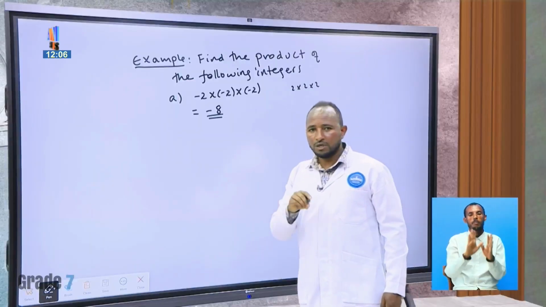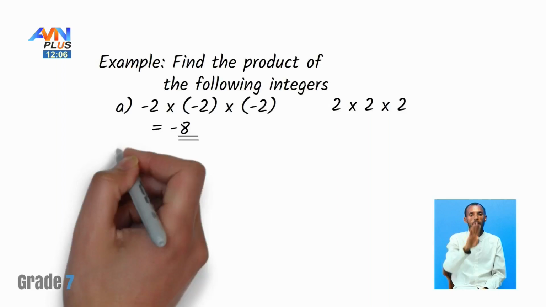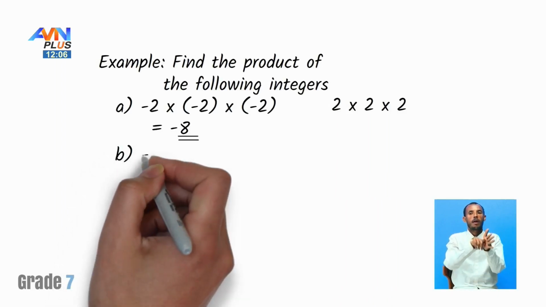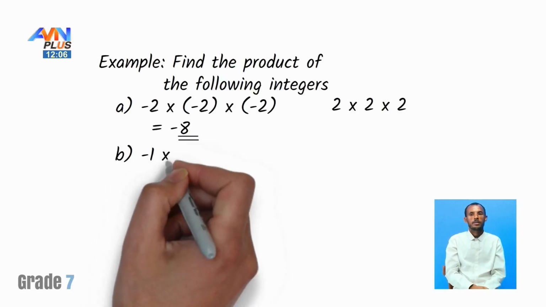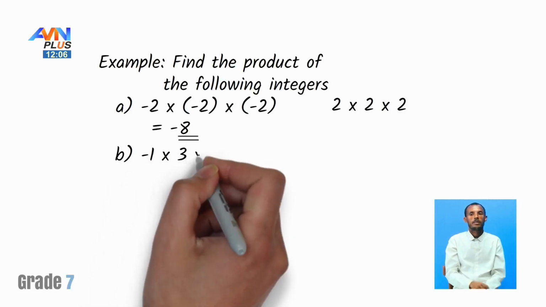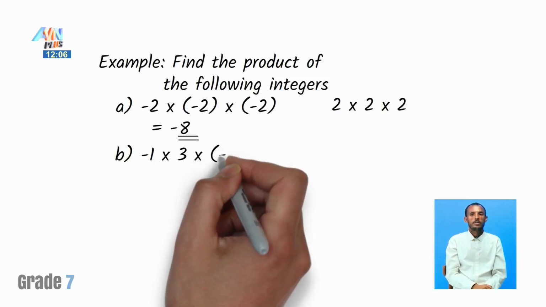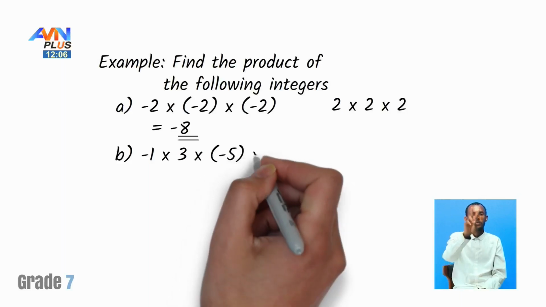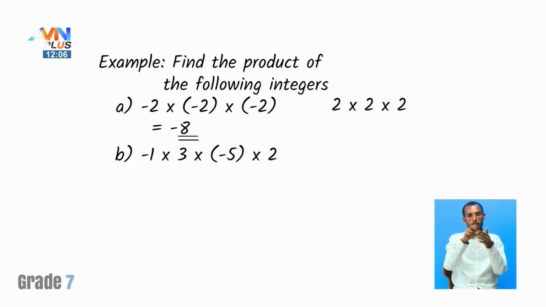So, let me give you one question for you. Negative 1 times 3 times negative 5 times 2. What will be the product of these numbers?